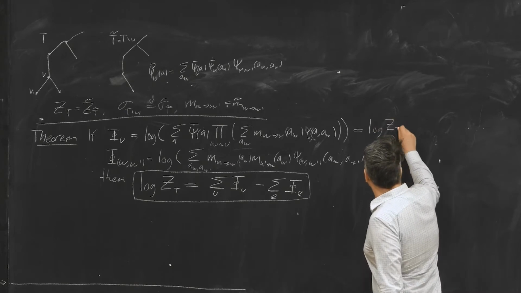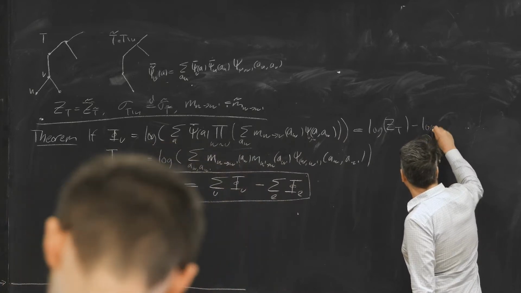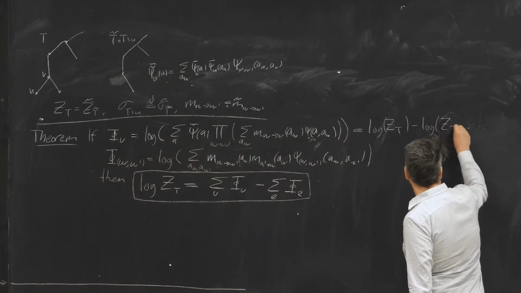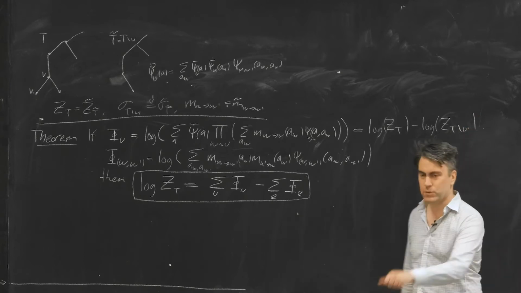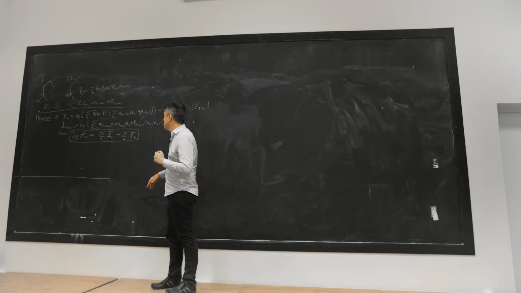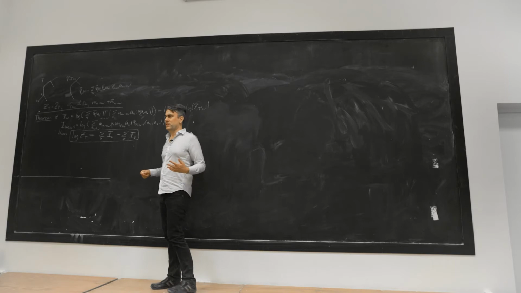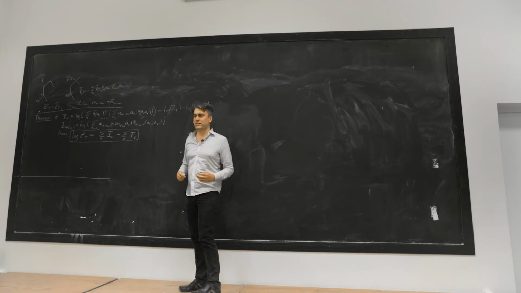So this is log of Z_T minus log of Z of T minus the vertex v. So this is, if you rip v and its neighboring edges out of the graph, how much does the log of the partition function change? And this is basically exactly the calculation we did yesterday.